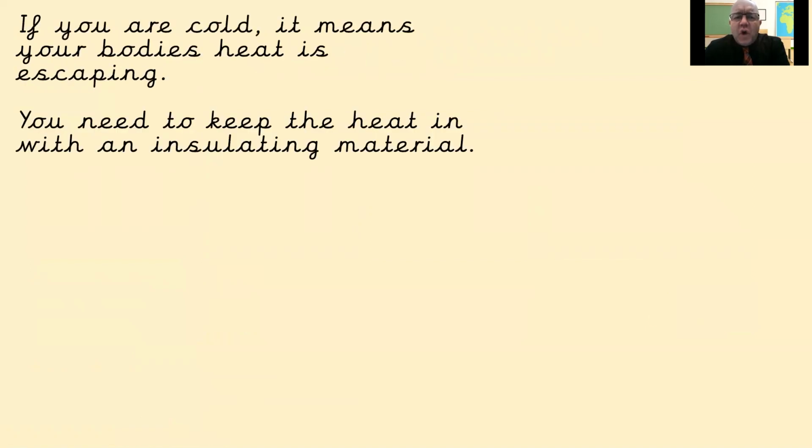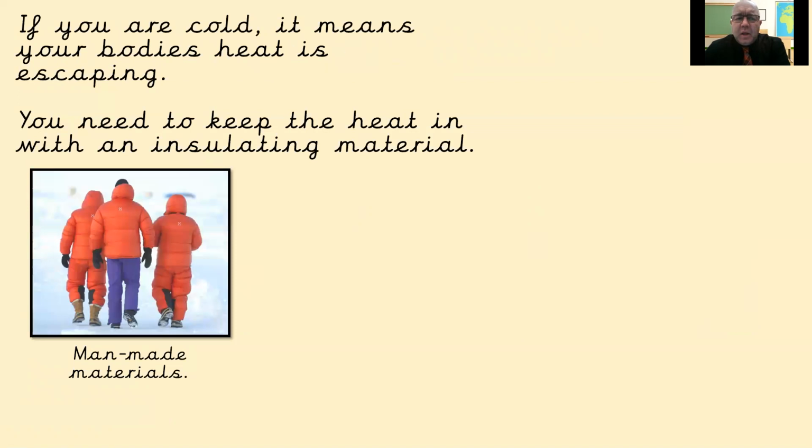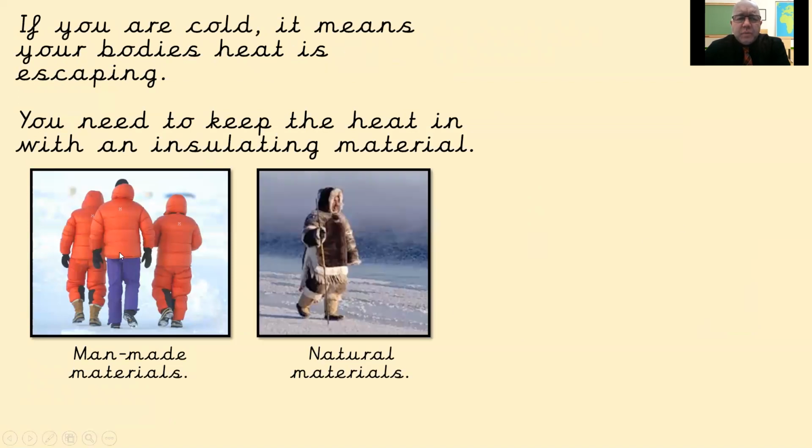Now, if you're cold, and at the moment it's pretty cold outside, it basically means that your body's heat is escaping into the big wide world. So you need to keep that heat in with some sort of insulating material. Now here we have two people dressed for the cold. On the left, these are wearing man-made fibers, nylons and various other fabrics designed to keep people warm.